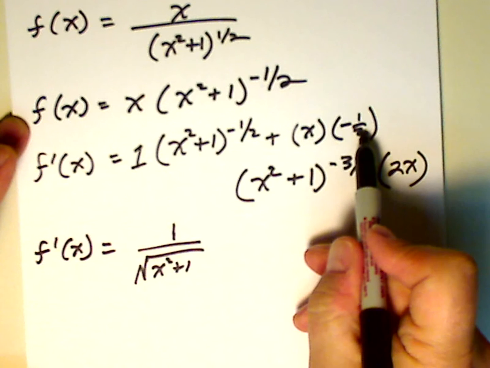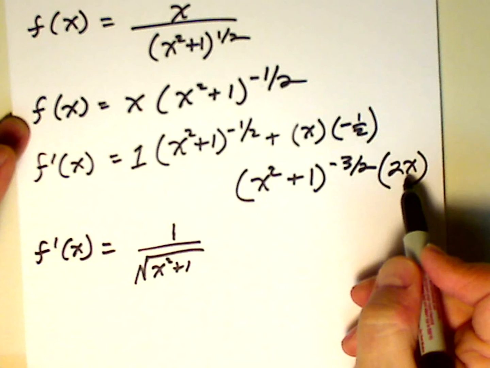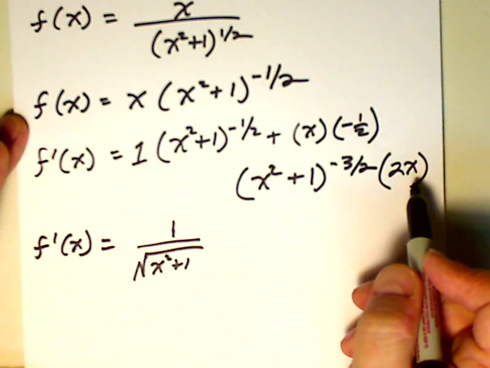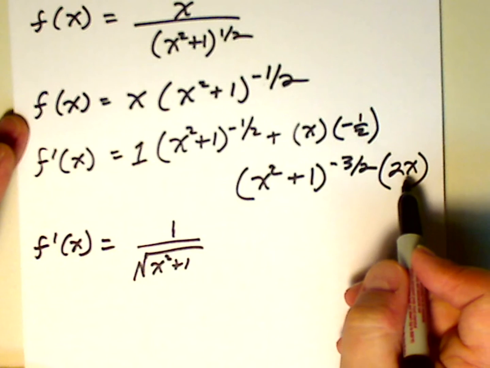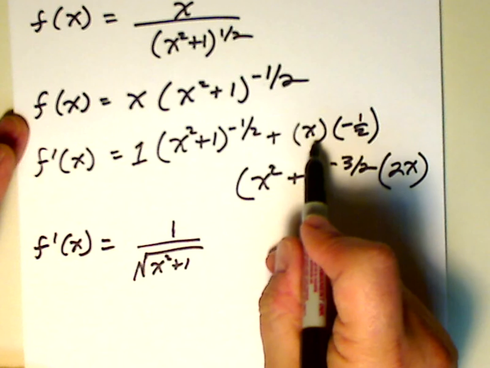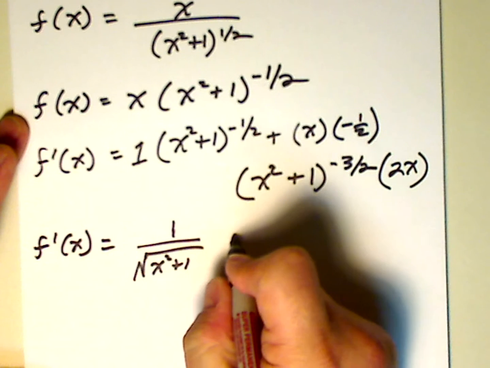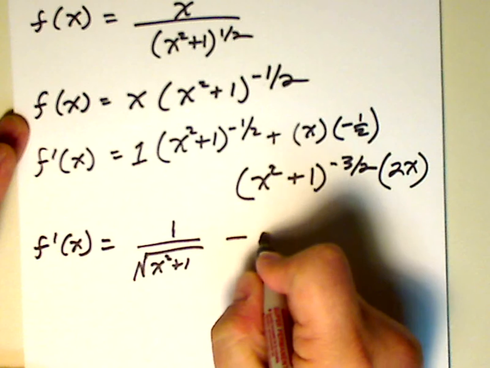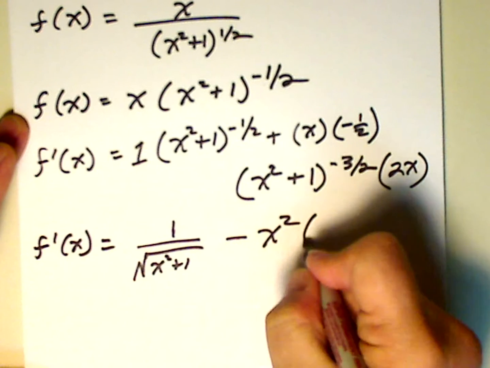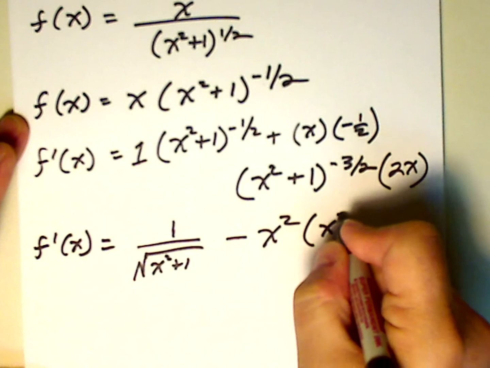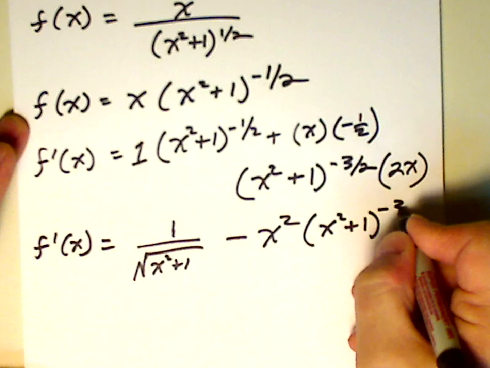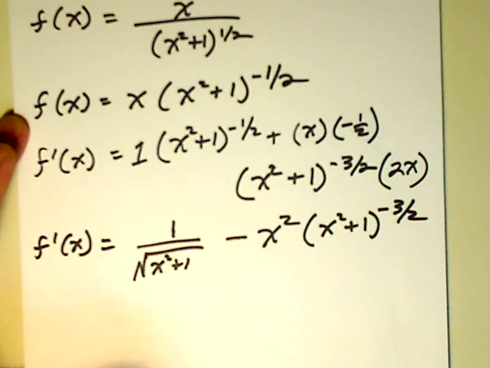And then x times negative 1/2 is negative x over 2 times 2x. I really don't want to burn an extra step here. This is just simple algebra. 2x times x is 2x squared times negative 1/2. The 2's go out, and we're left with minus x squared times x squared plus 1 to the negative 3/2.